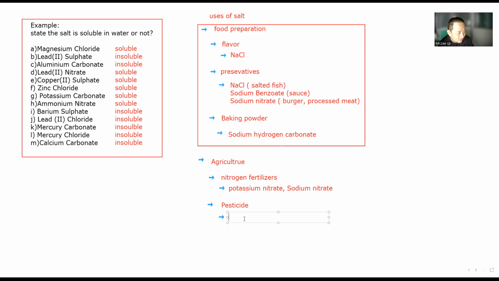So then we can use copper(II) sulfate, or another one is iron(II) sulfate. Copper(II) sulfate or iron(II) sulfate is used in the pesticide, right? Sulfate is used in the pesticide, nitrate is used in the fertilizer, right? Not only this, okay, this one, I guess it is enough already. Agriculture.